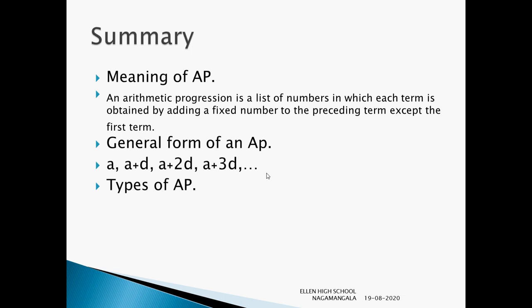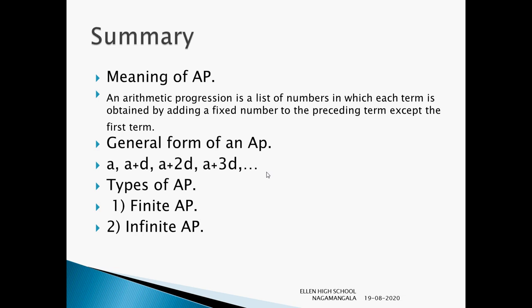What are the types of AP? One is finite AP, another is infinite AP. If an AP has a finite number of terms, that means it has a last term, it is called a finite AP. If an AP does not have a last term, then it is called an infinite AP.